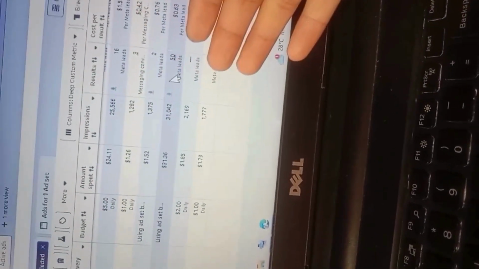Actually, this is how I have set up my campaign for one of my clients, a dental client. And the result we have got with this dental practice client is that we have spent a lot of money and we have got a lot of leads. Let's suppose there are 100 people, and almost 10 of them have visited the practice, and almost 5 of them wanted to do the full arch dental implant.